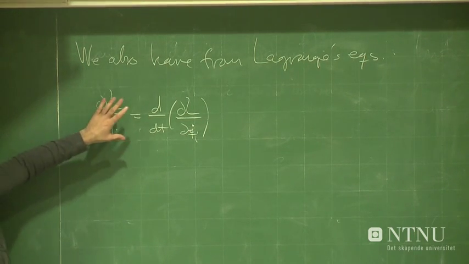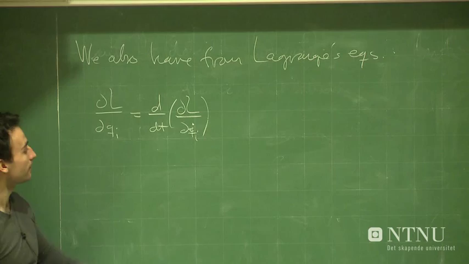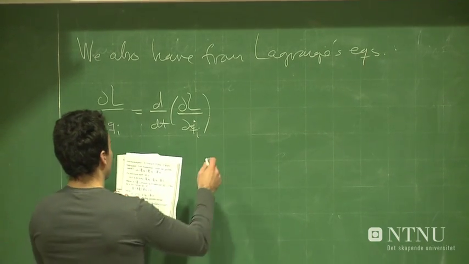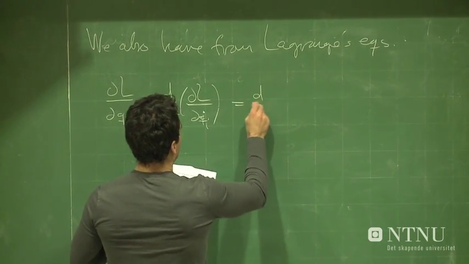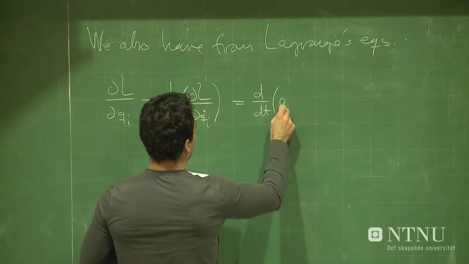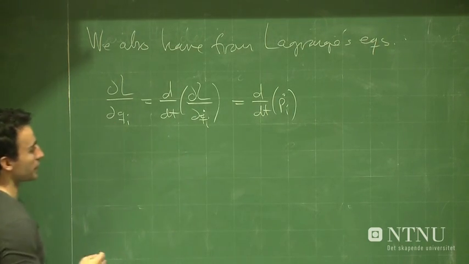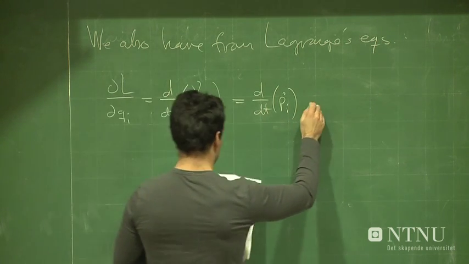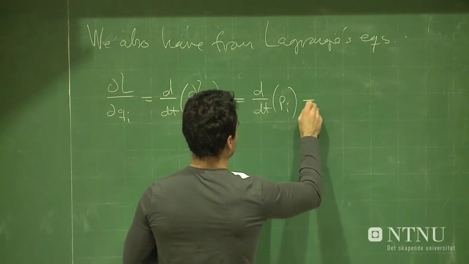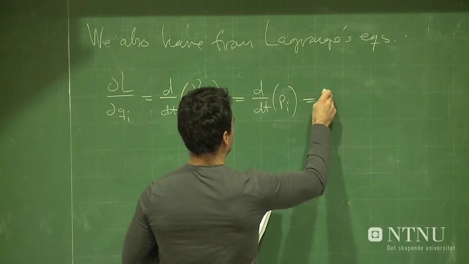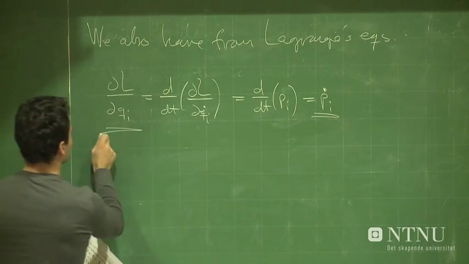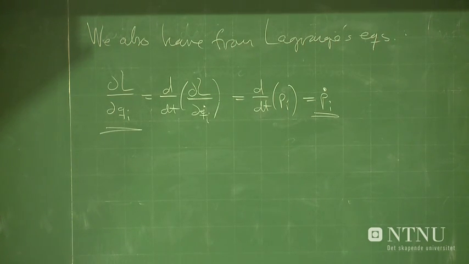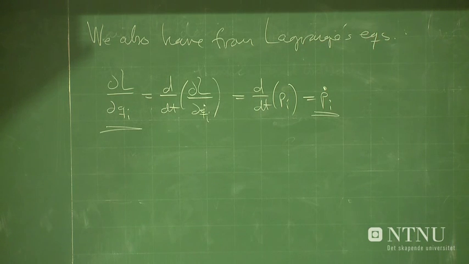I moved one term over so that they're equal to each other. I then use the definition of the canonical momentum here. So we get this.